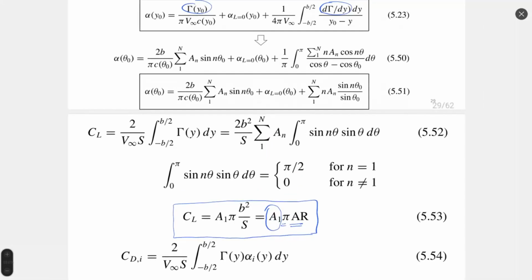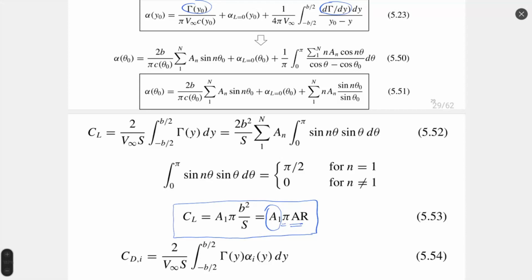number 51. Once we solve equation number 51, we receive the first coefficient of the Fourier series, and this first coefficient is used to calculate the lift coefficient. Or vice versa, we can use this equation in both ways.